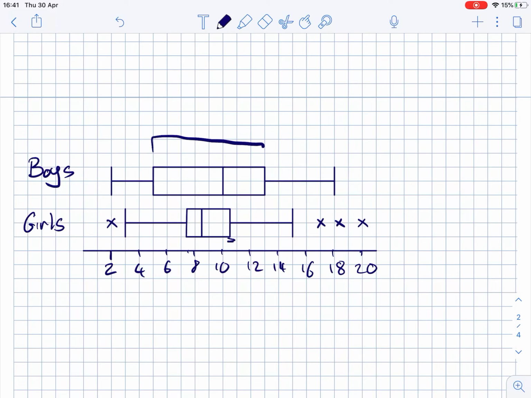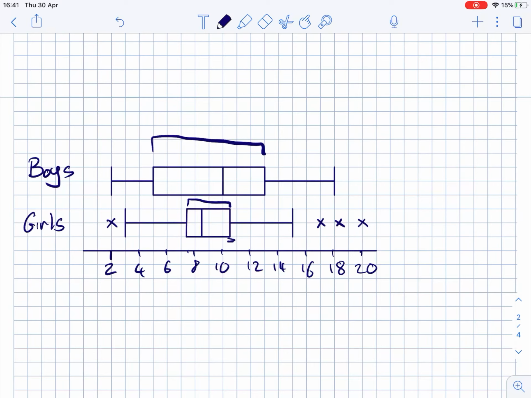but the boys' box plot looks very different indeed. The interquartile range, so that spread of the middle 50%, is much greater in the boys' data, which means the girls were much more consistent. Okay, if you can say that half of the data was within a tighter spread, you can sort of summarize that that group were more consistent.